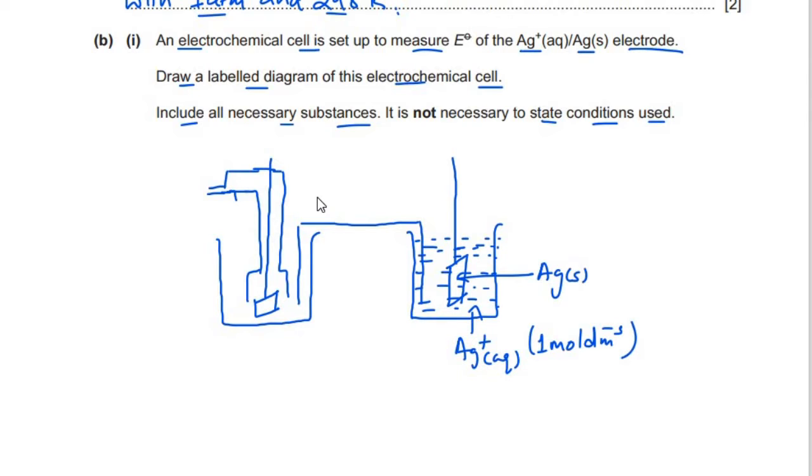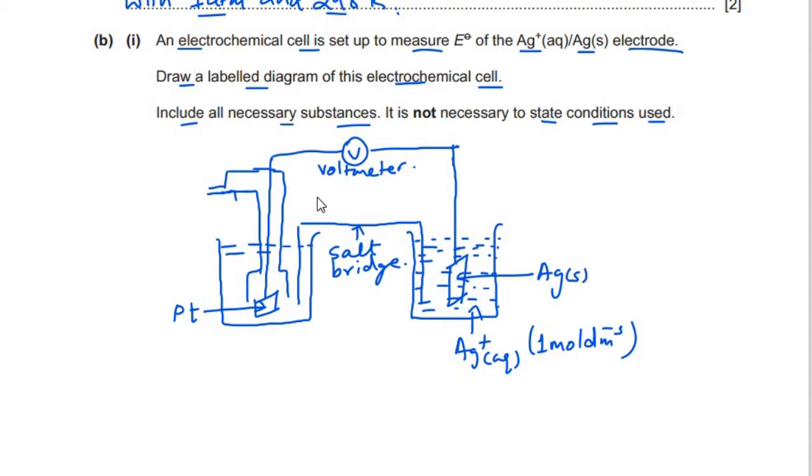Yes, and both the electrodes are connected by a voltmeter, so that also has to be written, voltmeter. I should label this as salt bridge. Again, this is a platinum electrode because that is the standard hydrogen electrode.